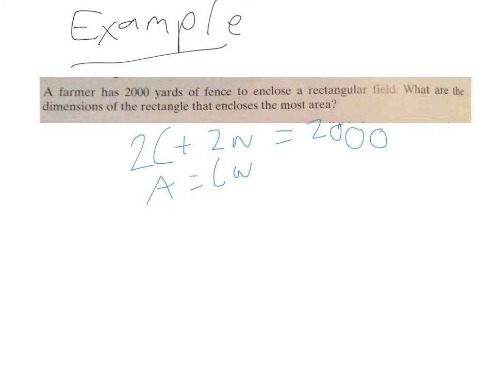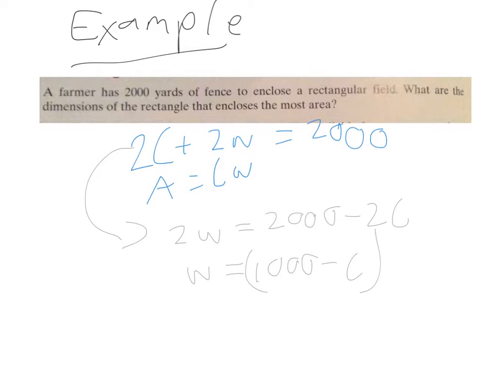length times width. So we're going to take this formula here and solve it for one of the variables. Let's solve it for the width. You'd have 2W equals 2000 minus 2L. After you divide everything by 2, W is just 1000 minus the length.